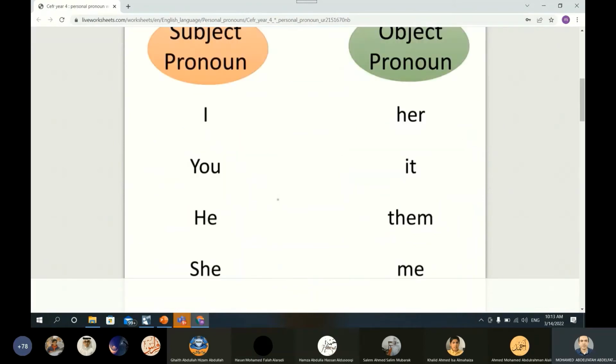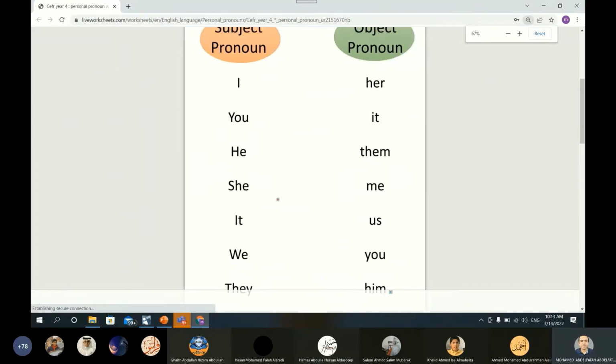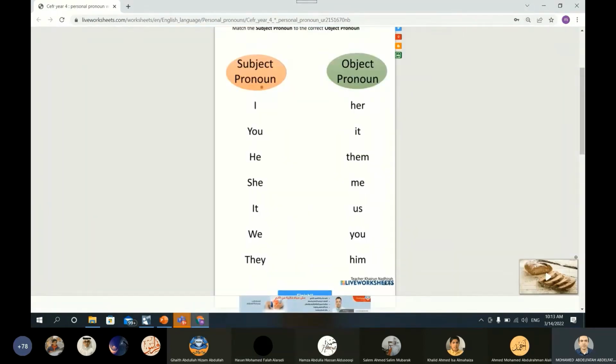Look here, students, I have got both subject pronouns and object pronouns. While you are sitting on your chair, you will see the subject pronouns on your left, and the object pronouns on your right.